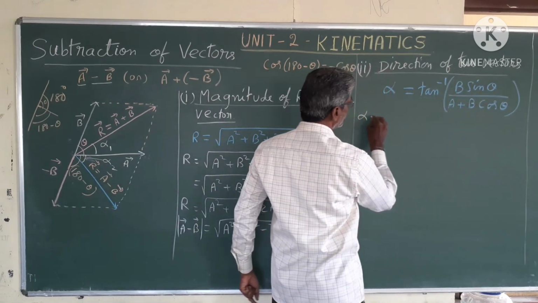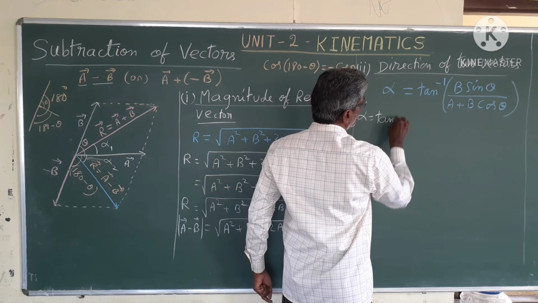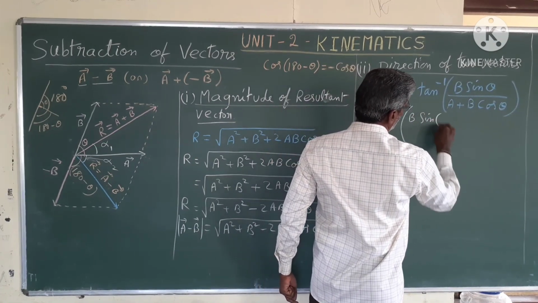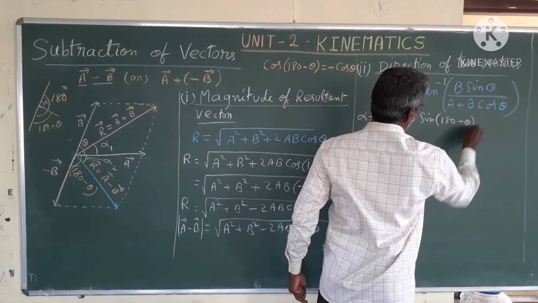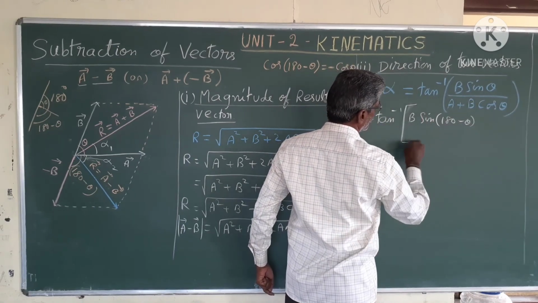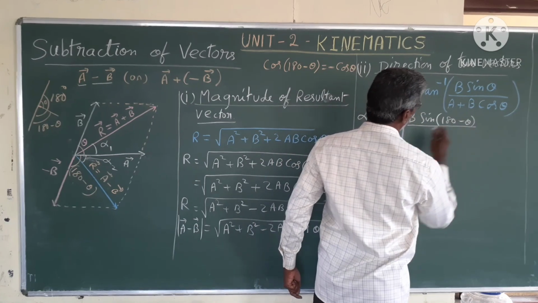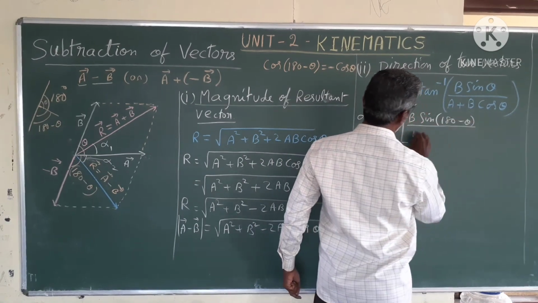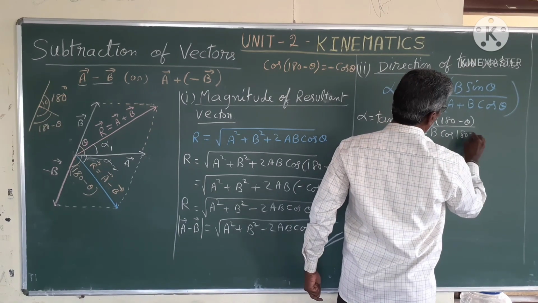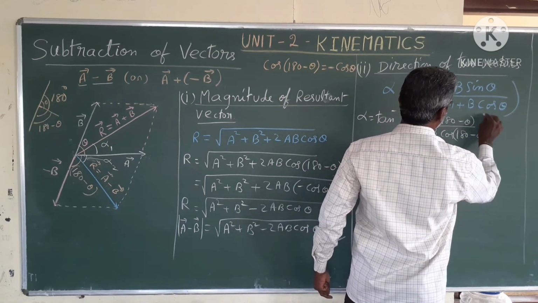Just substitute. Alpha is equal to tan inverse b sin 180 minus theta divided by a plus b cos 180 minus theta.